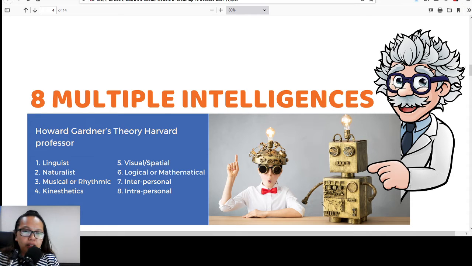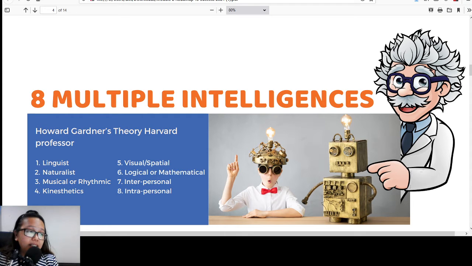Then we have here the logical or mathematical. People who are strong in logical mathematical intelligence are good at reasoning, recognizing patterns, and logically analyzing problems. These individuals tend to think conceptually about numbers, relationships, and patterns. For the strengths, analyzing problems and mathematical operations.